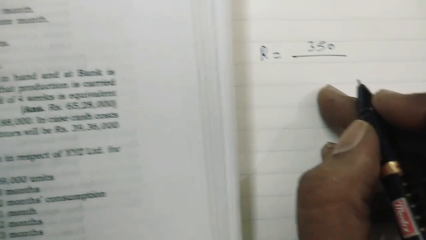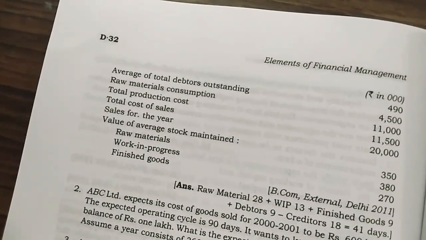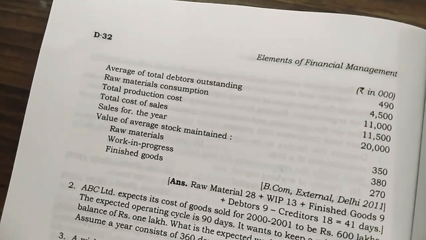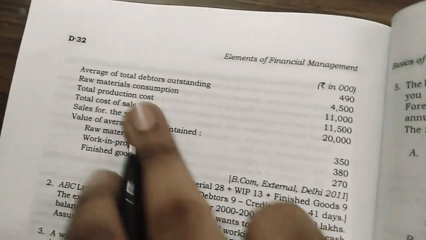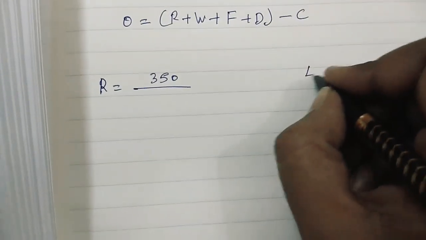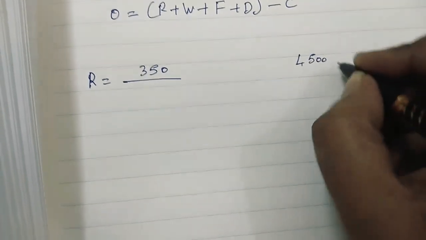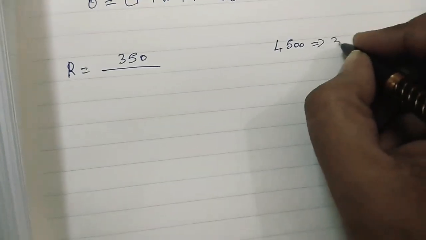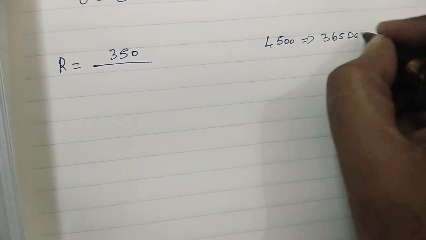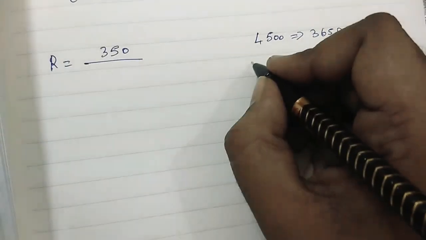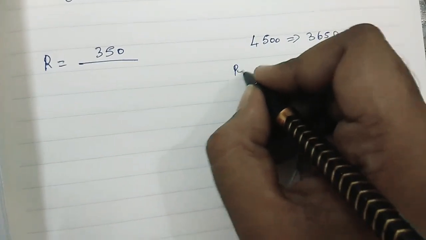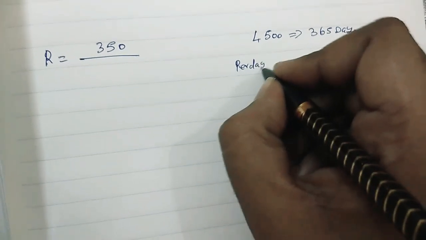Consumption per day you have to calculate. Raw material consumption is given as 4500, which is for 365 days, so you have to calculate the consumption per day.